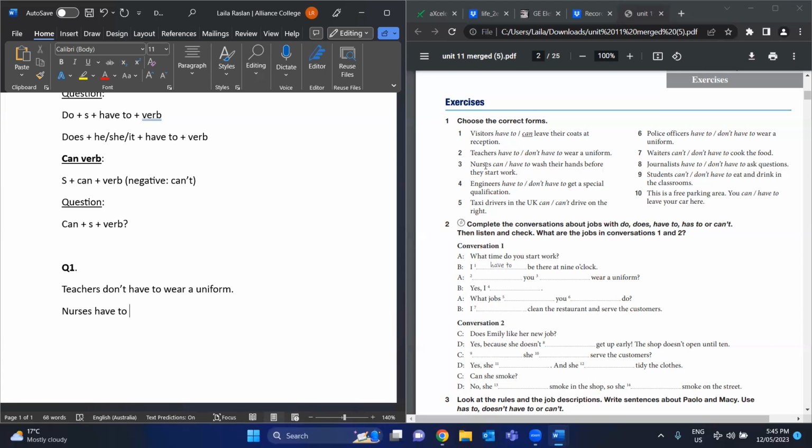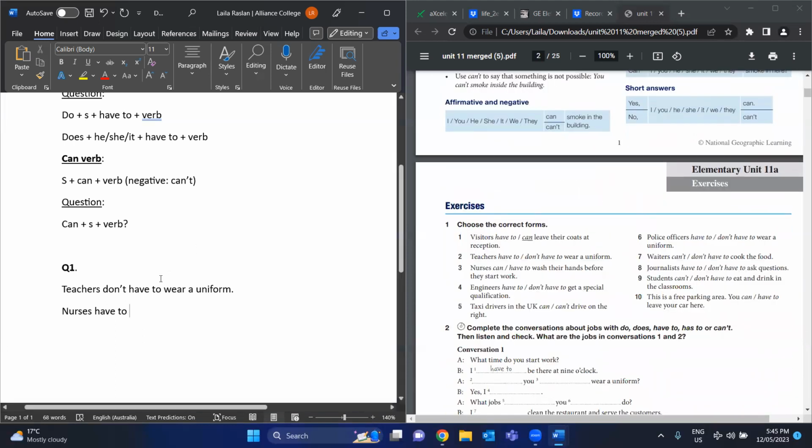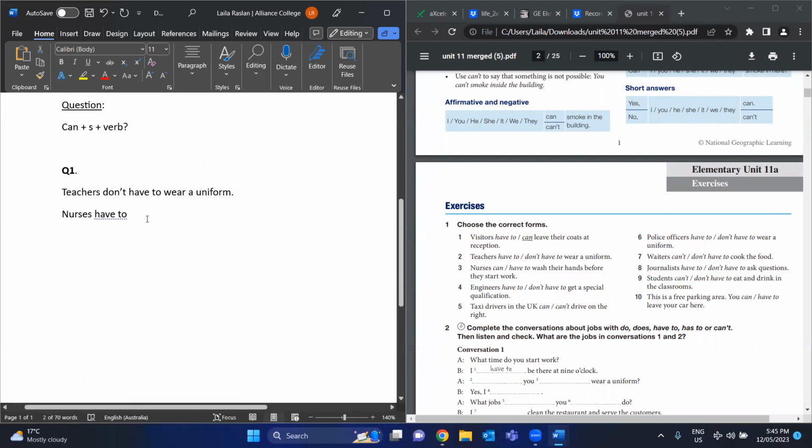Remember, have to means it's very important. They have to wash their hands. They have no choice. It's different to saying nurses can wash their hands if they want to, but I don't think it's if they want to. I think it's a must. They have to wash their hands.